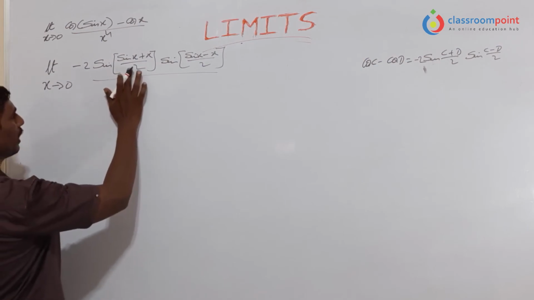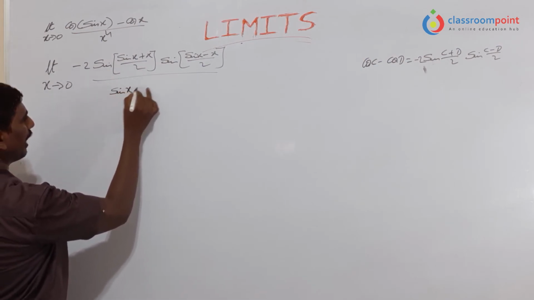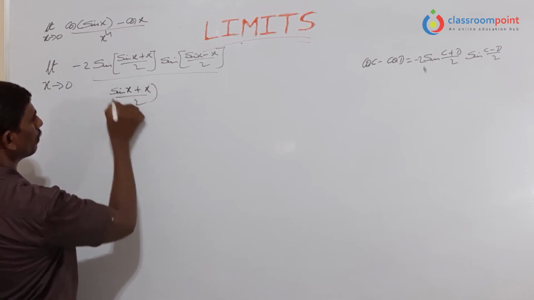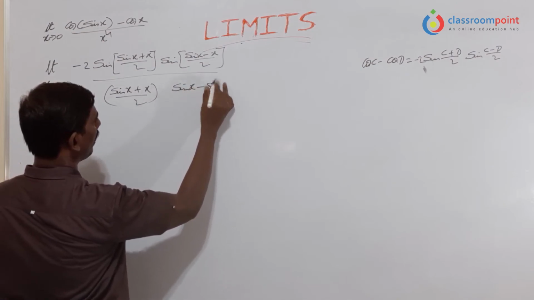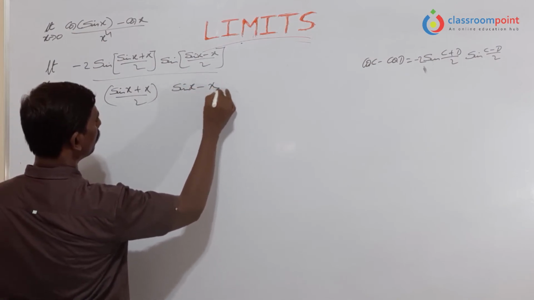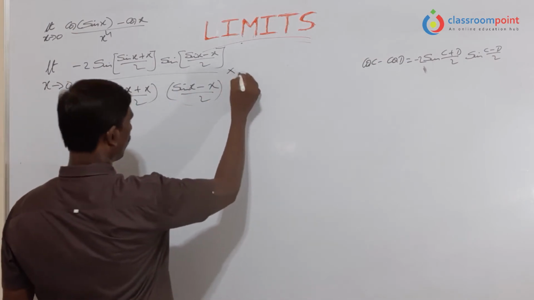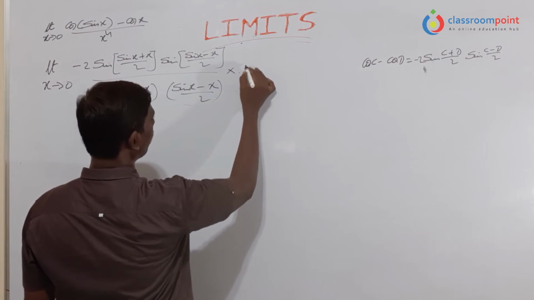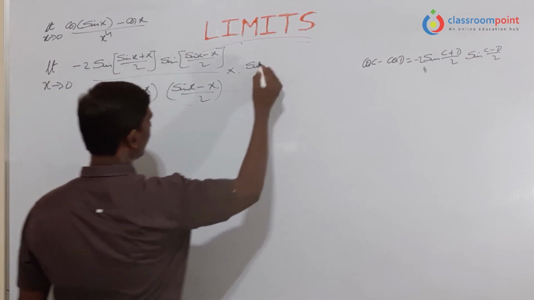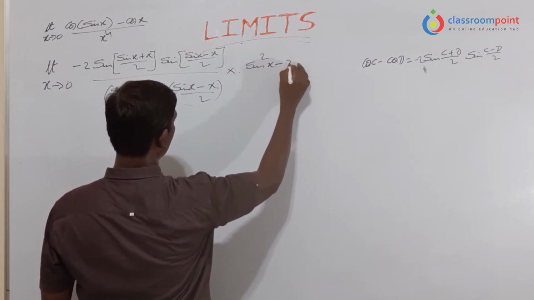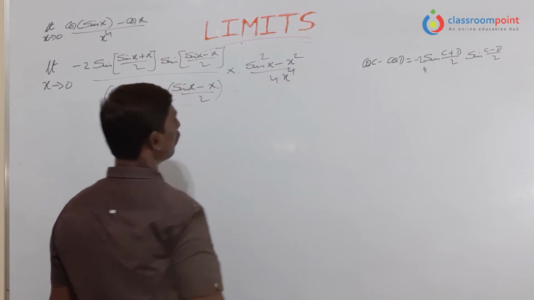So we'll do one thing here. Sin x plus x by 2, here we need sin x minus x by 2, multiplying and dividing with the same value. So (a plus b) into (a minus b) gives sin square x minus x square by 4, into x power 4.